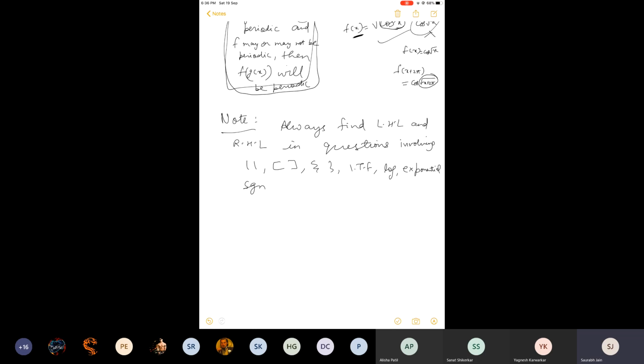Everything is covered. Involving these functions, right? Unless they are standard formulae that you will be studying later on.